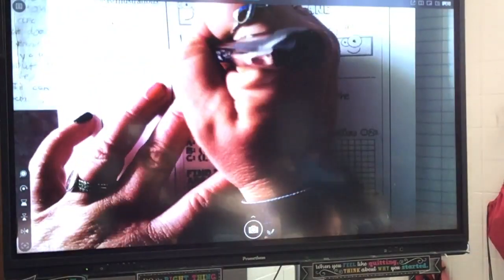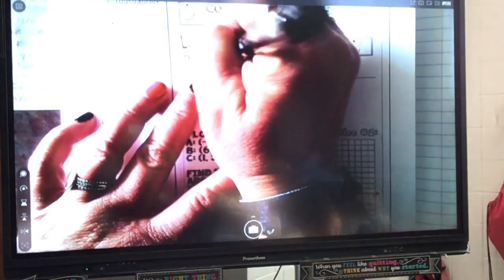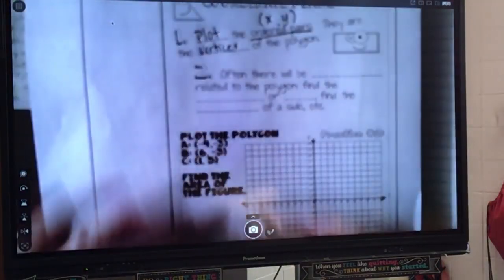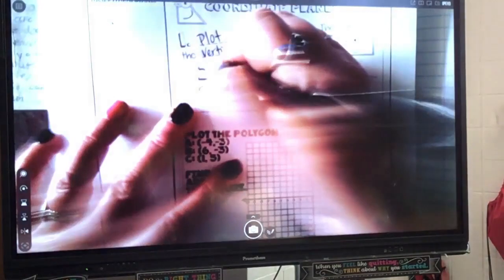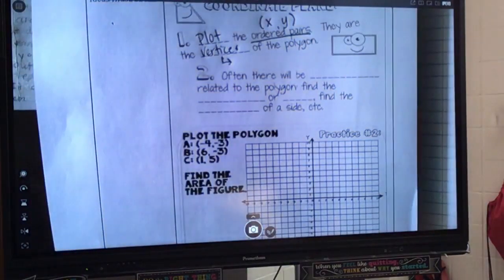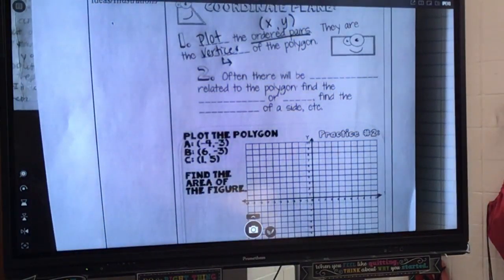They are the vertices of the polygon. Now, what is a vertex, or this is the plural, but what is a vertice?